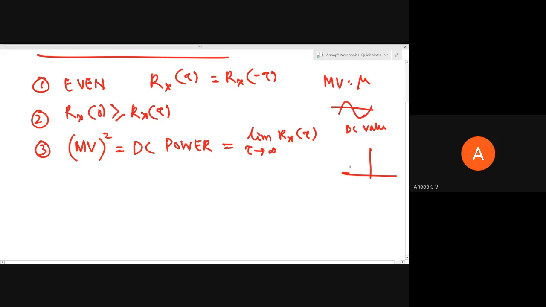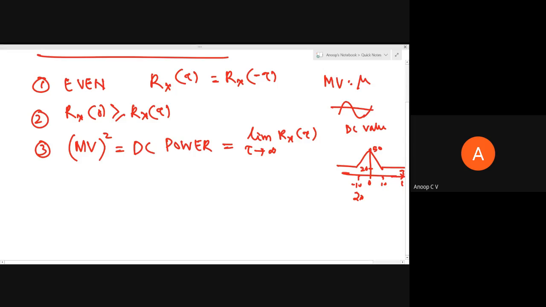For instance, if the autocorrelation function is something like this, with 0, minus 10 and 10, it spans till infinity, and this is 50, and this is 20. What will be the limit as tau tends to infinity of Rx of tau in this case? As tau tends to infinity, the autocorrelation function will be equal to 20. So that will be the DC value.